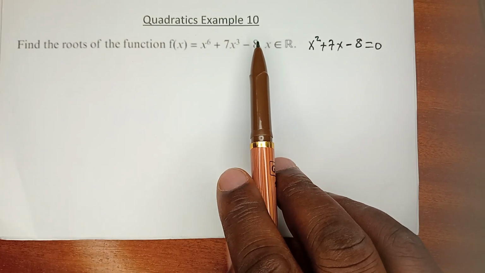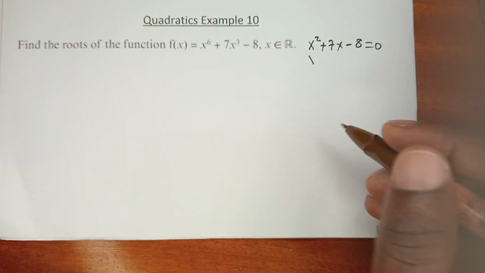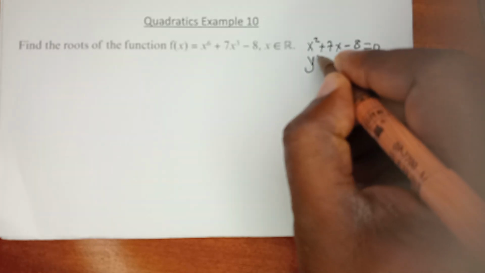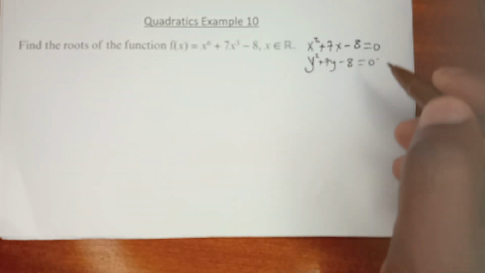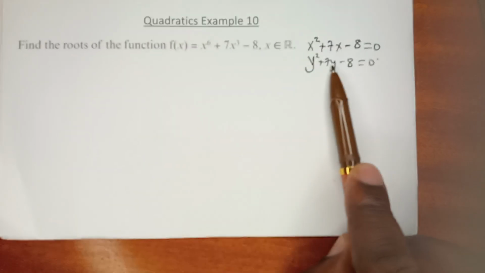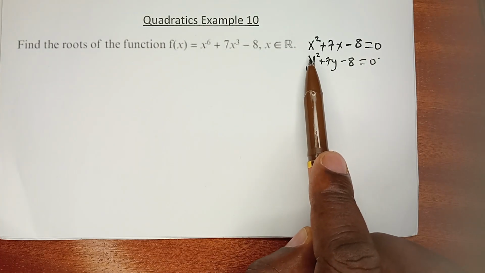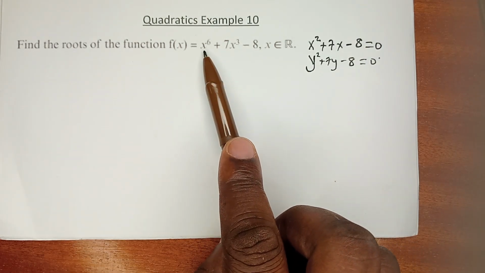If we can actually change this one to look like, let's not use x now. Let's use something like y squared plus 7y minus 8 is equals to 0, such that you will now realize that y is equivalent to x cubed, and when y is equivalent to x cubed, that means according to the laws of indices, y squared is equivalent to x raised to power 6.